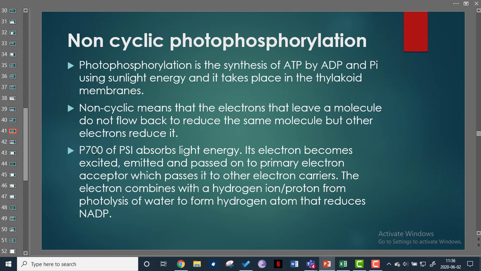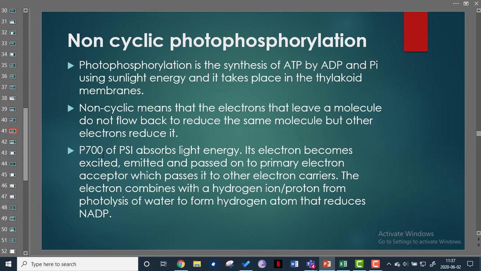Now, the photosystem P700 absorbs light energy, and we said that the P700 is on a higher ground state, and the electrons here are easily excited. You remember we talked about the primary pigments and the secondary pigments.